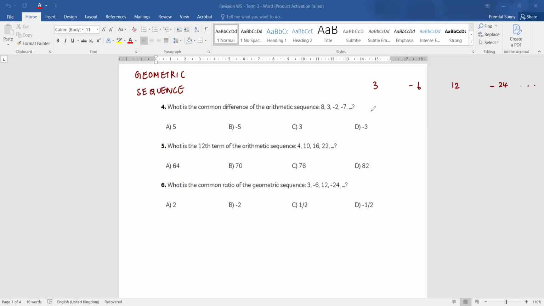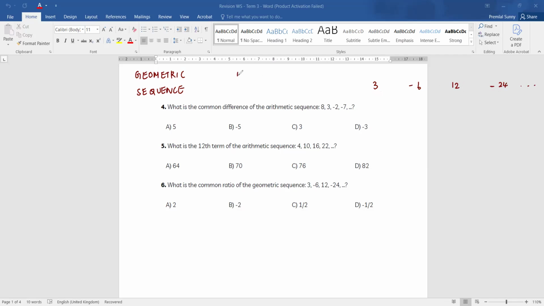Common ratio means which number we need to multiply in order to get the next term in a geometric sequence. And you can see here it's alternately plus, minus, plus, minus.